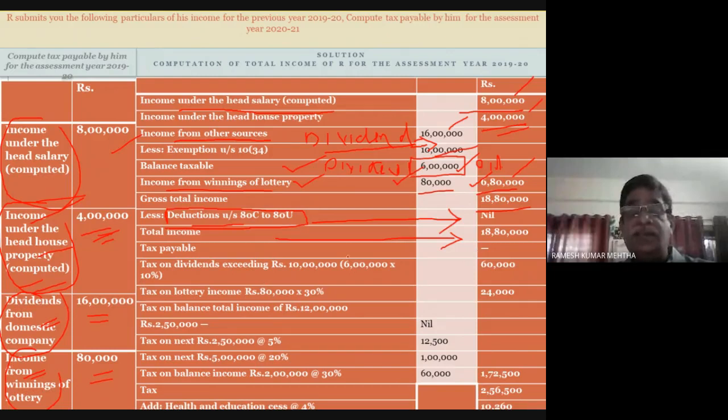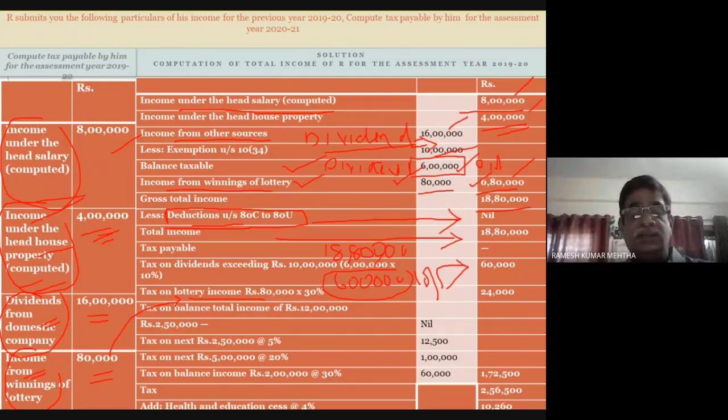However, now out of this 18 lakh 80,000 rupees, 6 lakhs is dividend income on which he has to pay 10% tax, which is 60,000 rupees. Number two, on lottery income of 80,000 rupees, generally when the person is paying the lottery income, he will deduct tax at source.